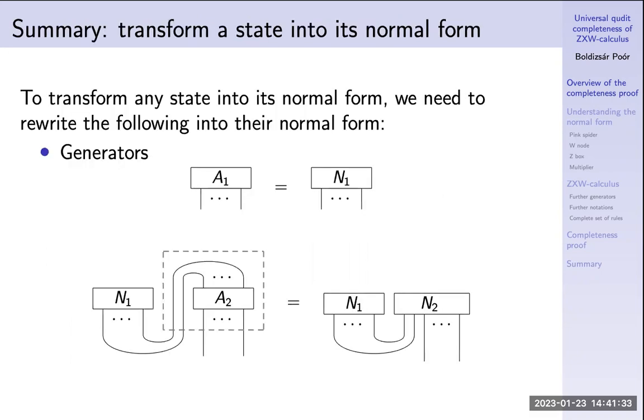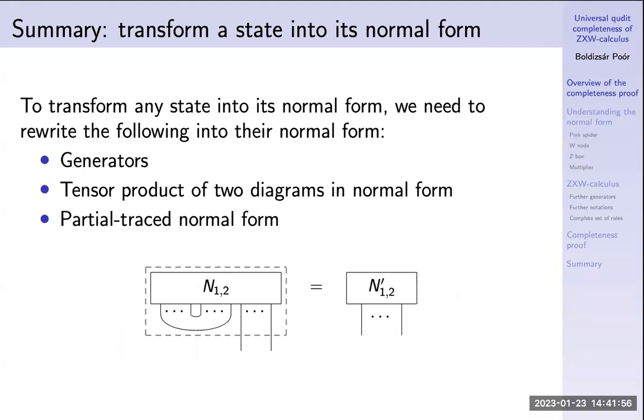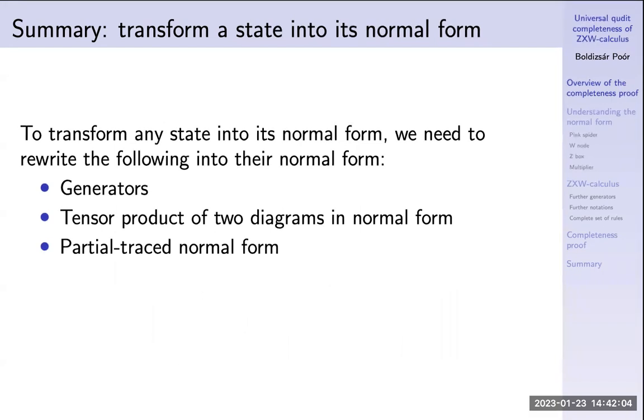So this is our strategy to translate any diagram into its normal form. Let's summarize. To prove completeness using this strategy, we need to convert each generator into a normal form, transform the tensor product of two normal forms into another normal form, and convert a partial trace of a normal form into a normal form. So these are the three requirements we have.